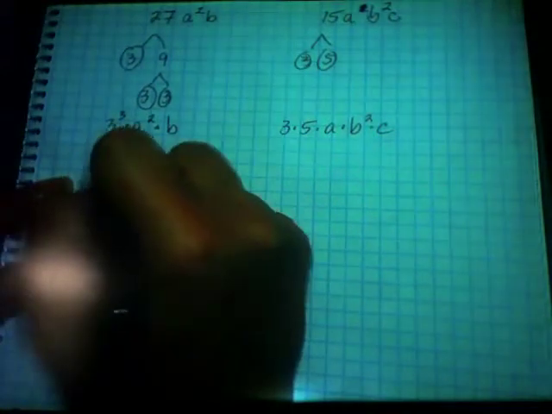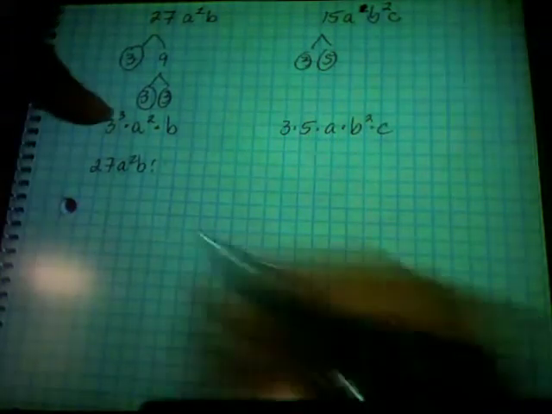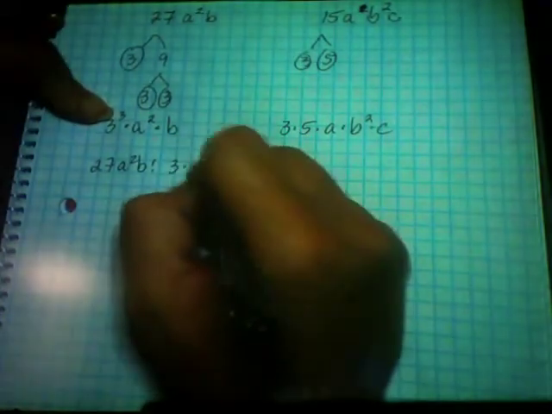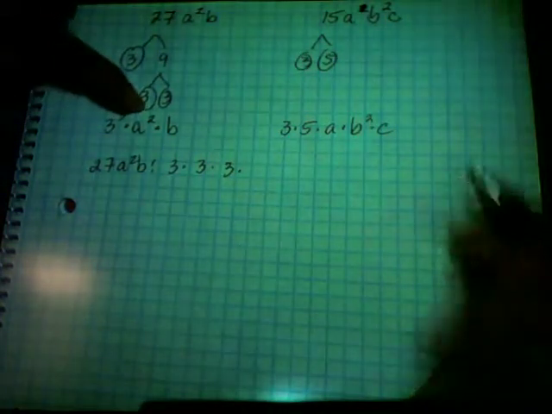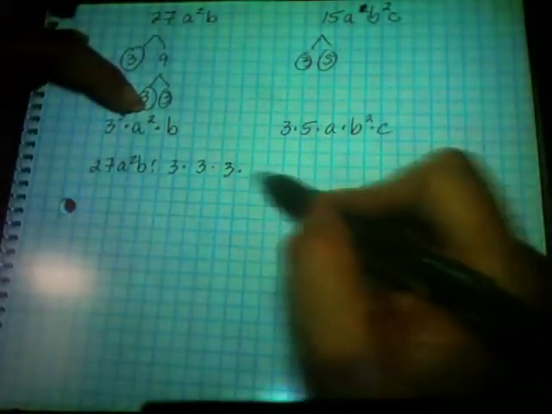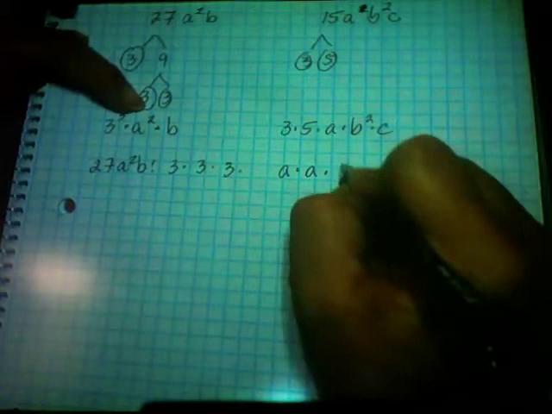So 27a squared b. I've got 3 3's. And I've got to save space for a 5, so I'm going to save a space here. And then I've got 2 a's, and a b.